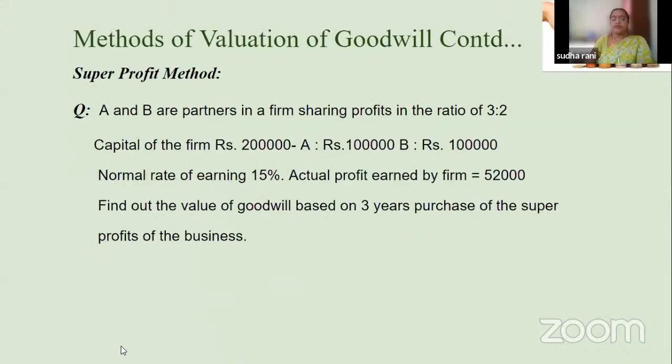Okay. I'll repeat once again. When you are given the capital of the firm, normal rate of return, and actual profit earned, how do you get it? First, calculate the normal rate of return on the capital, 2 lakhs into 15%. Then compare with the actual profit.